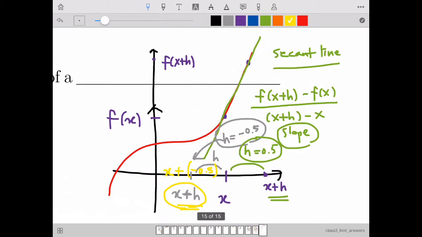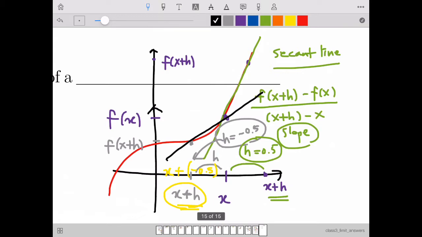Yeah. So I have the point there, and I have a corresponding point here. And since h itself is less than 0, this is again f of x plus h. And I can join this point and this point, and I have another secant line.